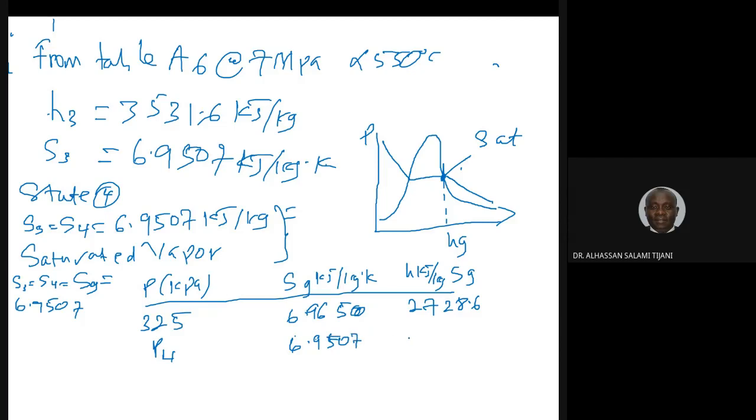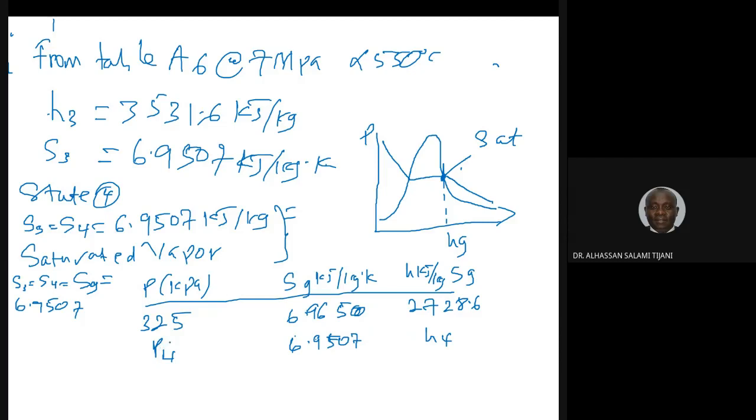Then the corresponding enthalpy H4, we don't know. So then we will select again another pressure, a pressure which is a bit lower from this 300 to 500. Let's see over here which one I can select.